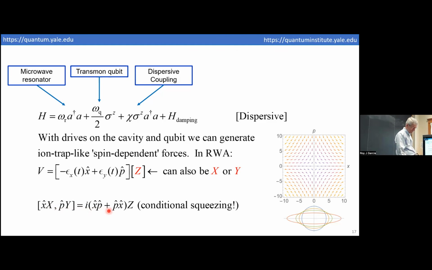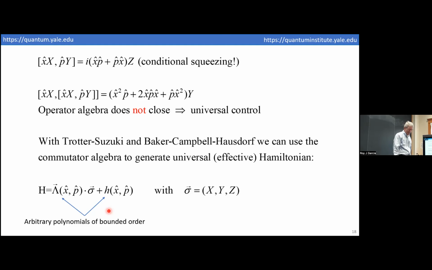Okay. So I can keep going. Once I have that commutator, I can do another one, and you can see I can generate cubic polynomials and on and on and on. So the algebra doesn't close. And so in principle, I can generate arbitrary, at least polynomial valued Hamiltonians of arbitrary degree.